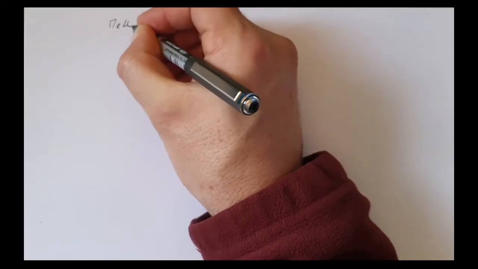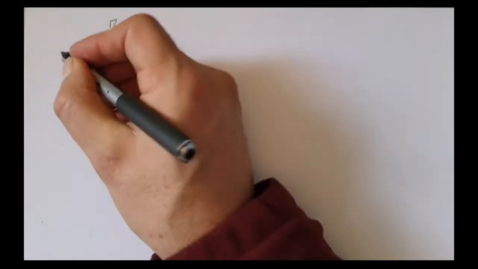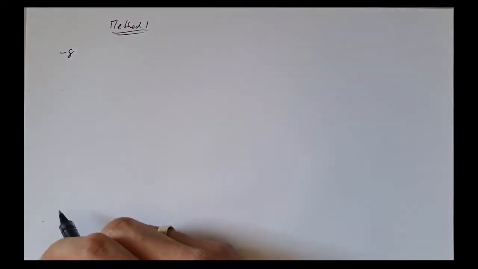Let's train the conversion to the two's complement, which represents negative numbers. Method 1 is the method where you subtract the number which you want to convert to a negative number from 256. So let's say we want to produce minus 8.